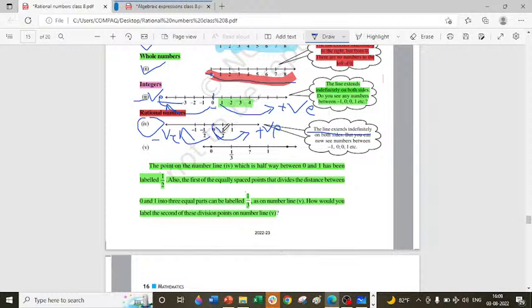After that, when you move to the next one, it becomes 1. Same thing for the left hand side: the first number that comes is negative half, and then we get negative 1. Let's see what's written over here.